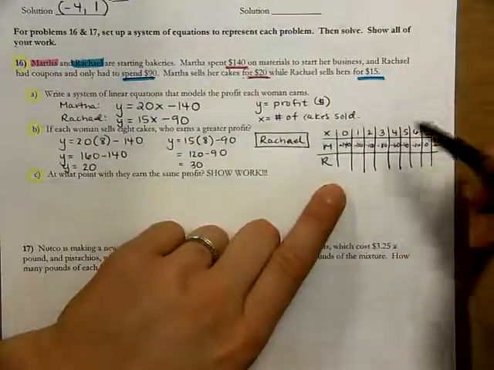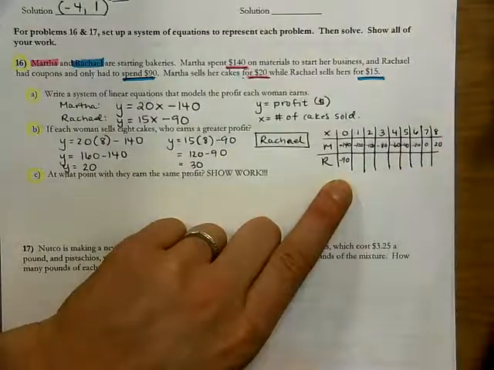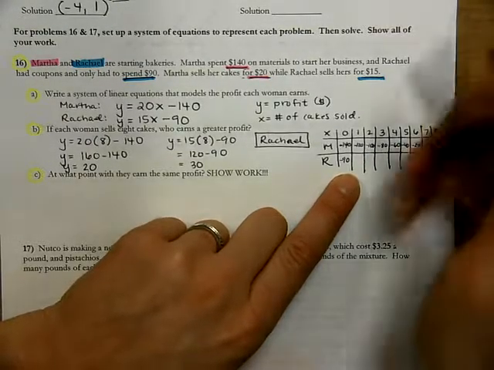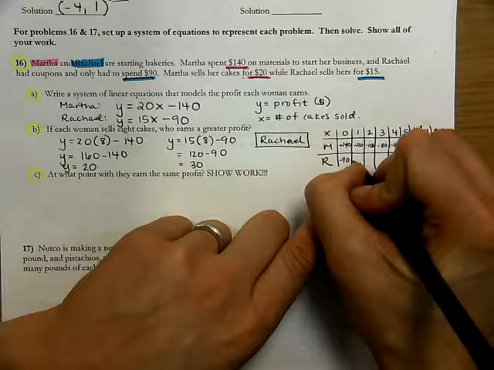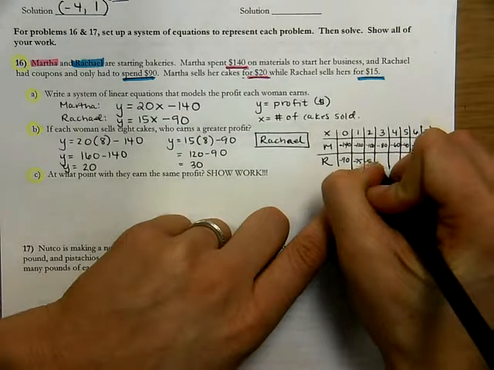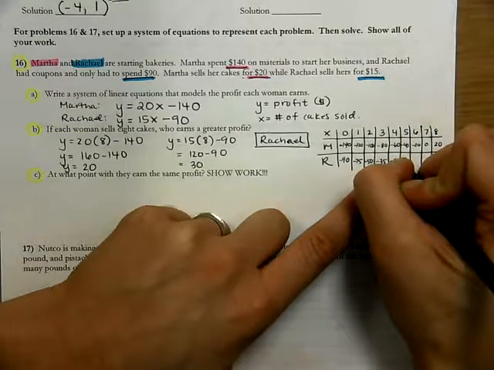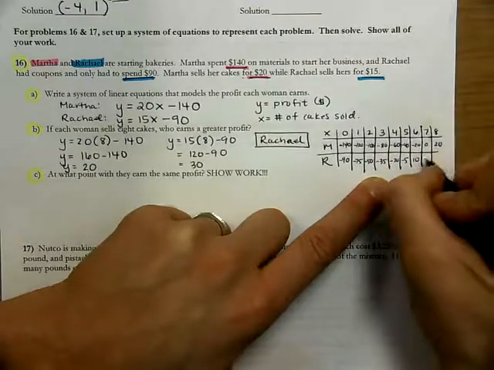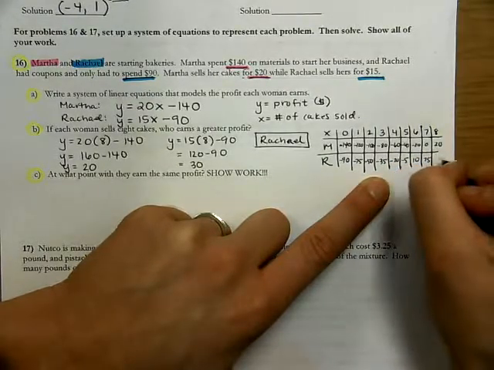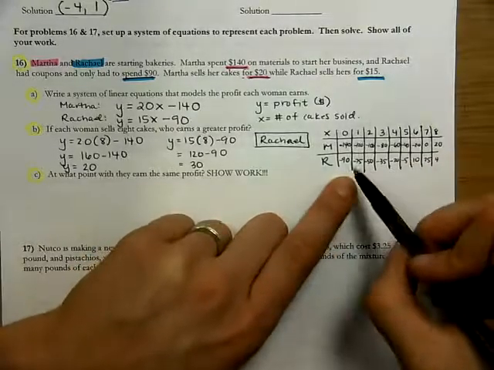Over here, Rachel starts in the hole $90. After selling one cake, that's $15 less that she owes. So it'll be negative 75, then negative 50, then negative 35, then negative 20, negative 5, positive 10, positive 25, and positive... did I make a mistake somewhere?